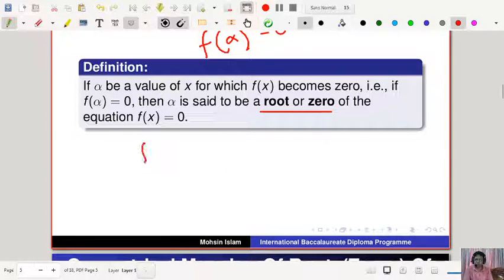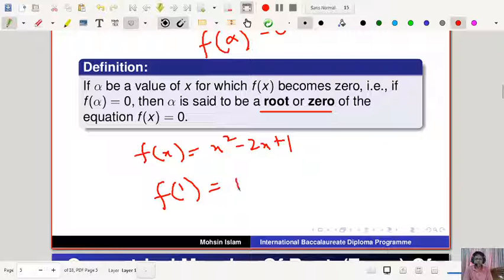So let me give you one example. Suppose f(x) equals x squared minus 2x plus 1. So what is f(1)? It will be 1 squared minus 2 plus 1, which is 0.